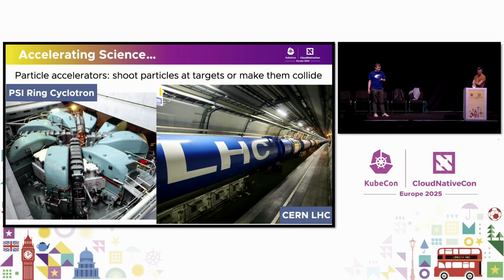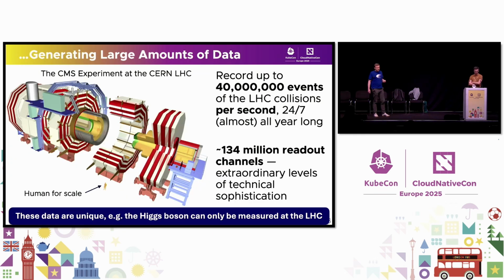in short, LHC. So when these collisions or interactions happen, there needs to be some device that actually detects these particles. One of them is the CMS experiment, and that's the one that I'm working on. It's also a pretty huge experiment, so there's a human for scale down there.